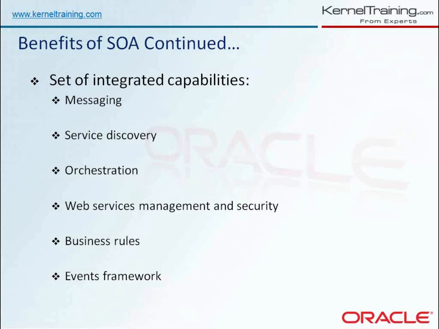SOA is designed based on the J2EE architecture, and it uses JMS, Java Messaging Service, to transfer your message through a queue or topic. If you are not aware of the JMS queue or topic, don't worry. In future sessions, I will cover this topic under the JMS adapters. Through this you can transfer your message from a queue or topic to different services.